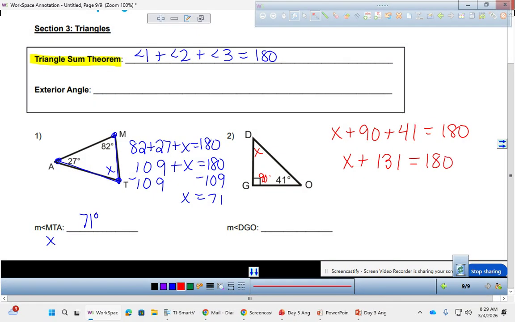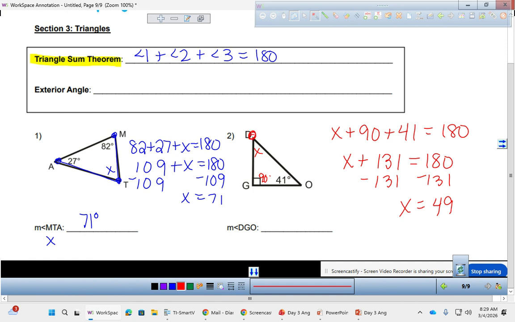All I'm doing in this next step is combining my like terms. Right, so this part's just the algebra part, right? So it says find angle DGO.